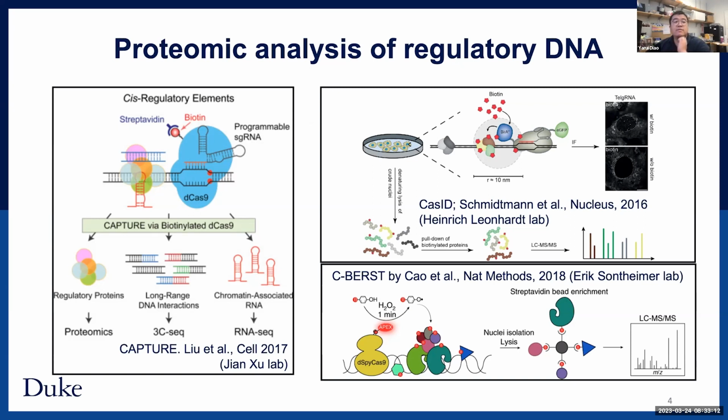Around 2016 to 2018, several groups published papers that combine Cas9 targeting and a proteomics approach to do something like a reverse ChIP, so you can identify the proteins that are enriched on specific DNA sequences, and this includes one method developed by Eric Thornton's lab, which is also part of the Folding Consortium.